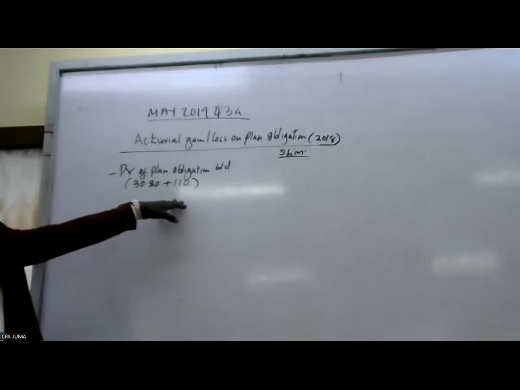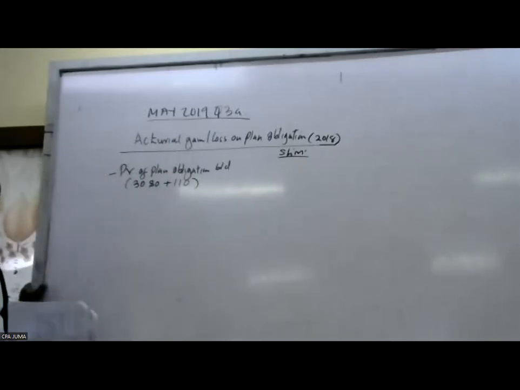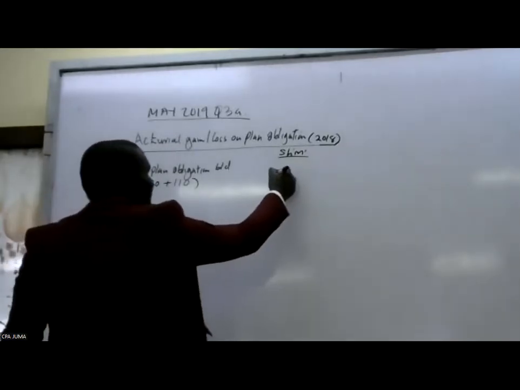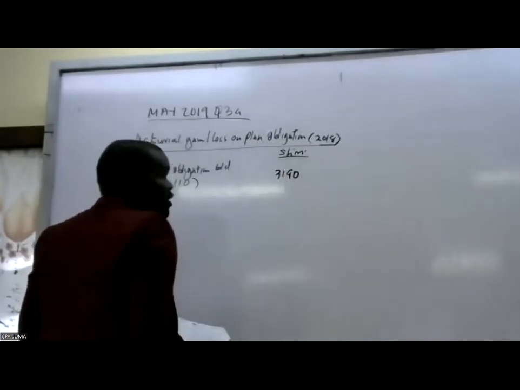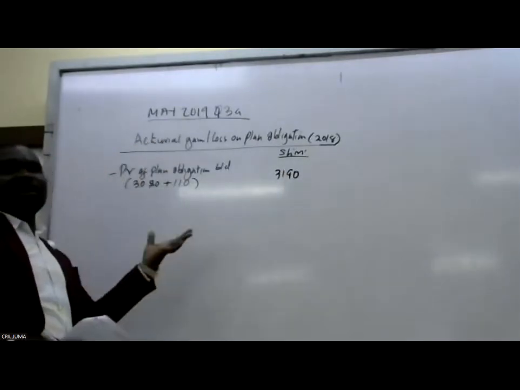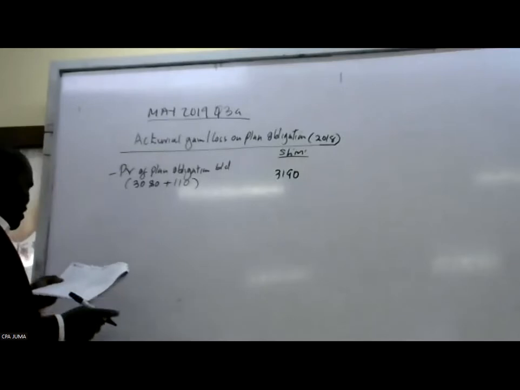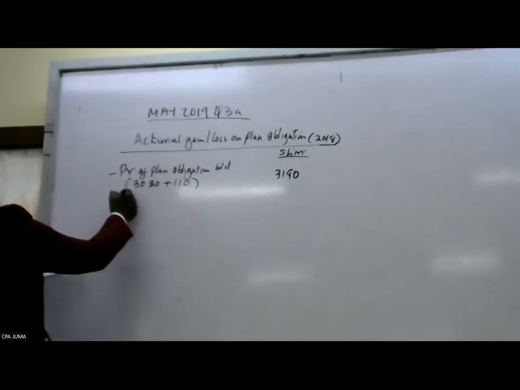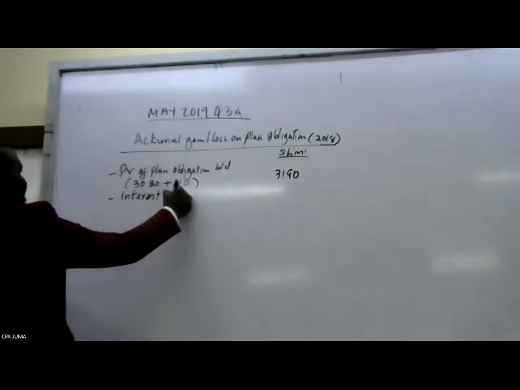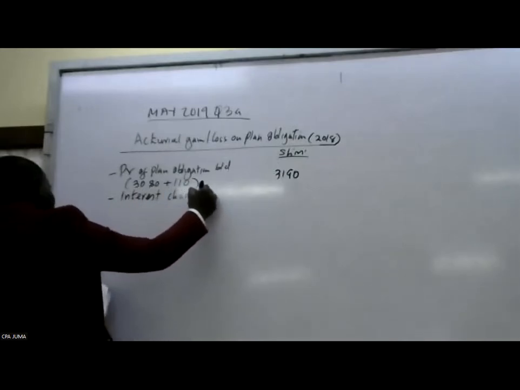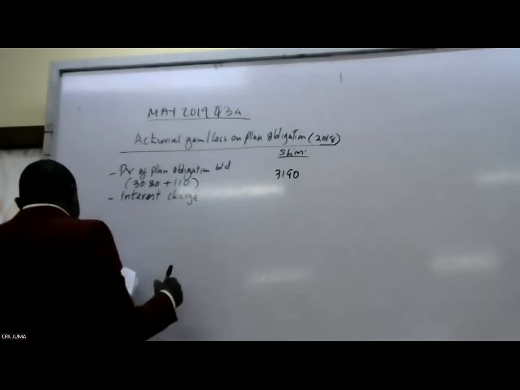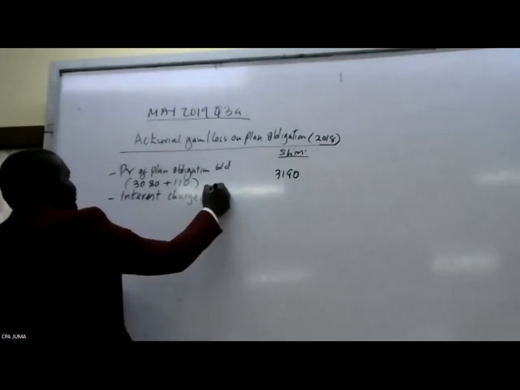So 3080 plus 110, 3190. So enhancement is just amendment and increase, which is supposed to be there. Then you top up the interest. The interest charge, 5%.